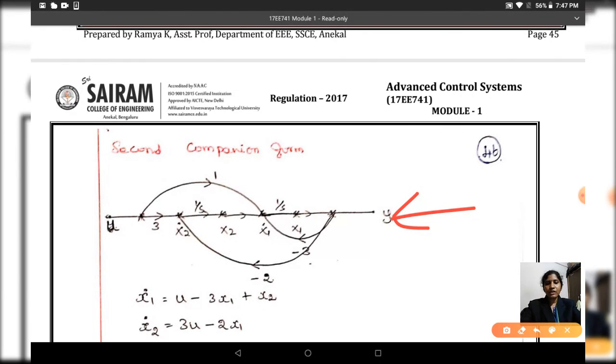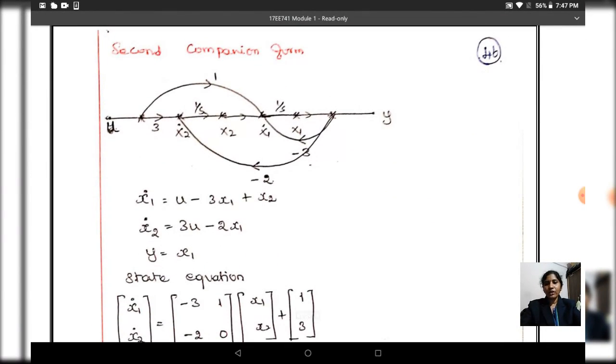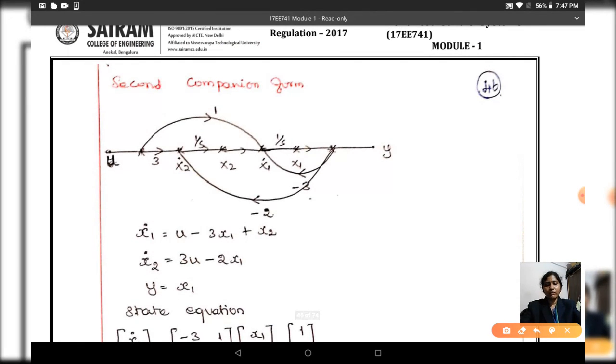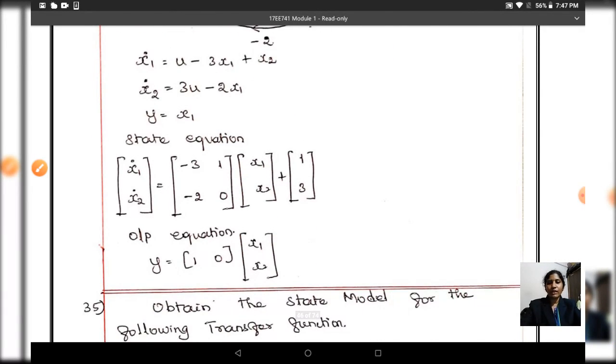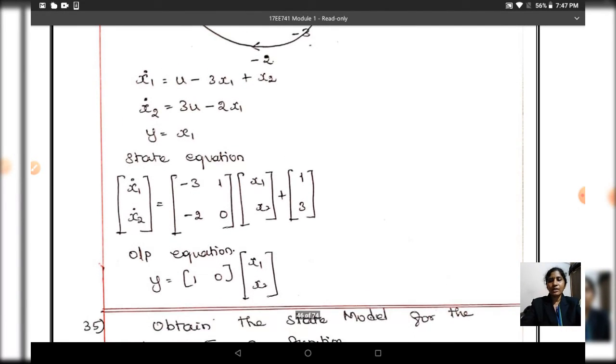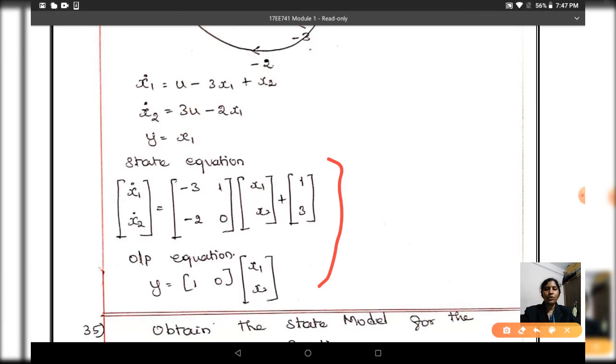After drawing this, you have to identify what is your x1 dot, what is your x2 dot, and what is your output. And later you need to write your state equation matrix and output equation matrix as given over here. So it is your state equation and output equation.